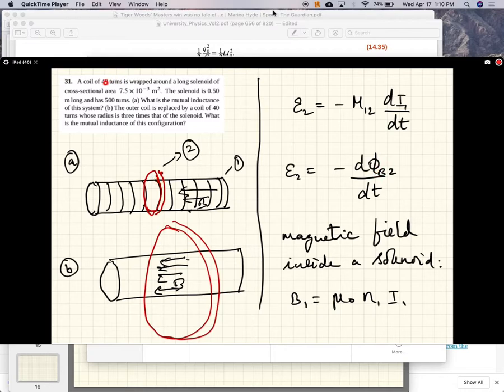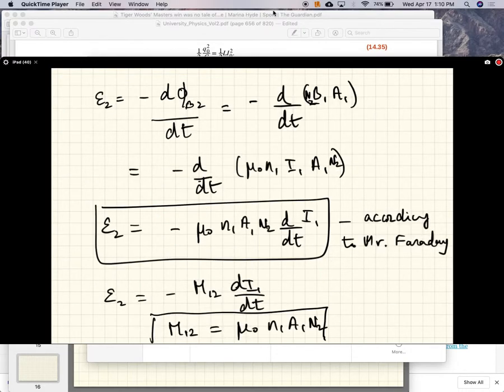I'd forgotten that it was 40 turns. So the total flux through there was the number of turns in the secondary coil times B1 times A1. Just a second, Ben. So this is N2 B1 A1. And that's the equation for flux.